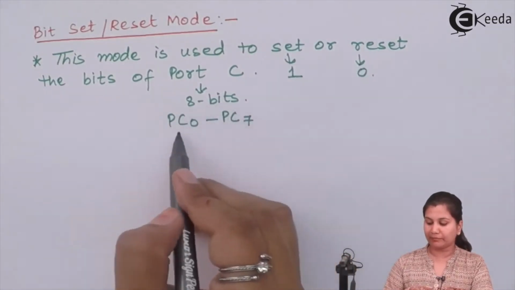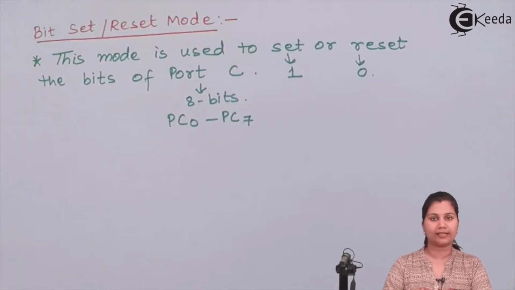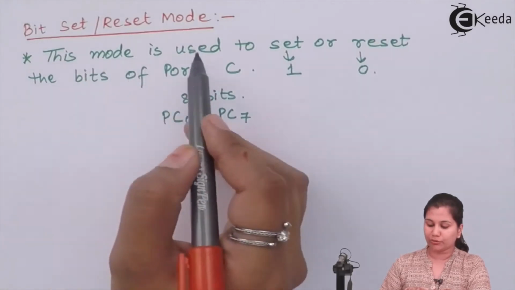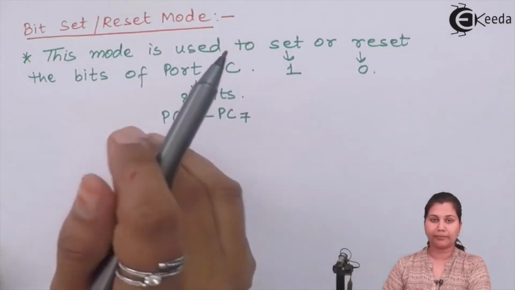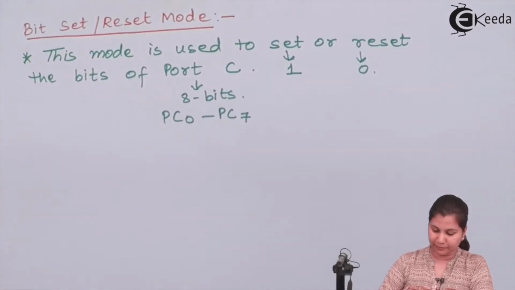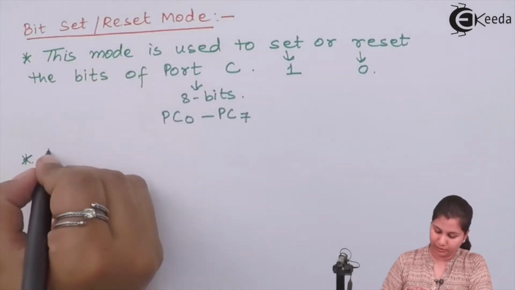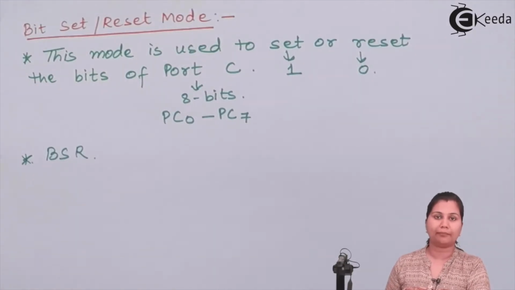So these bits can be set or reset by using this bit set reset mode. It is concerned with port C only because it is setting or resetting the bits of port C. So we can say that this BSR mode does not affect the function of port A and port B.